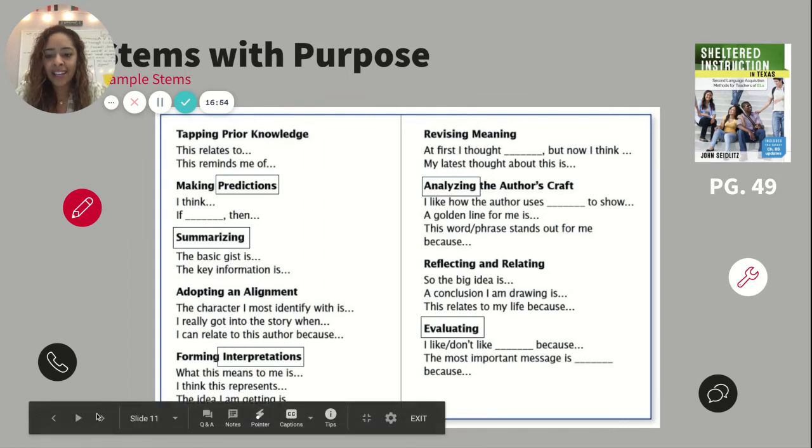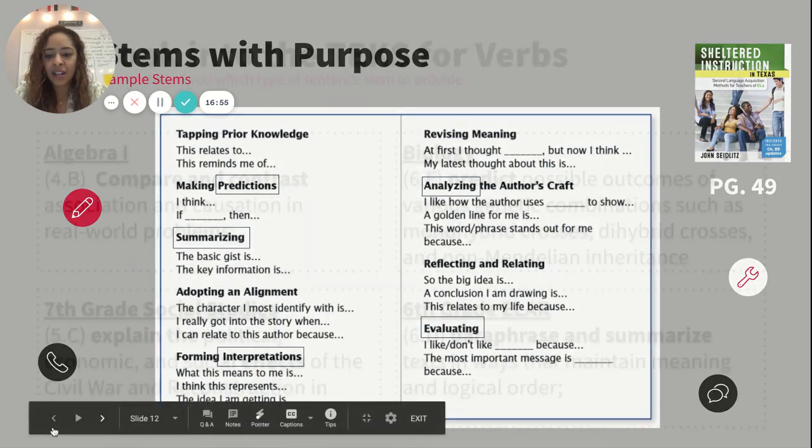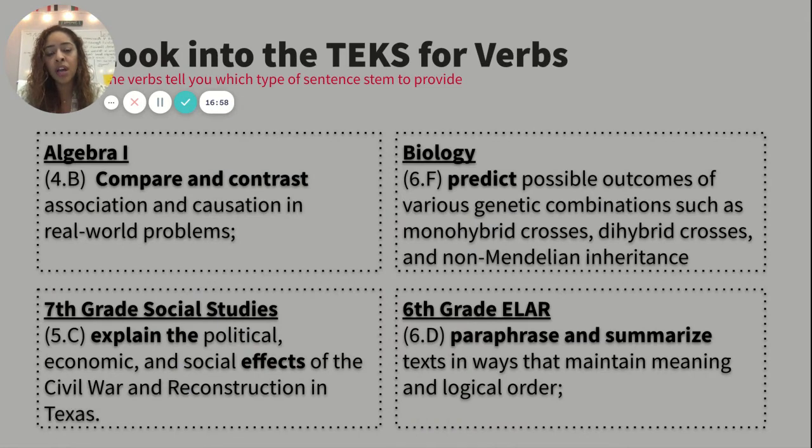Okay, welcome back. So now that you've had a chance to explore how the verbs are in the sentence stems, right? Let's look at these TEKS together and pick out some sentence stems that would work for these standards. So here are 4 different TEKS.